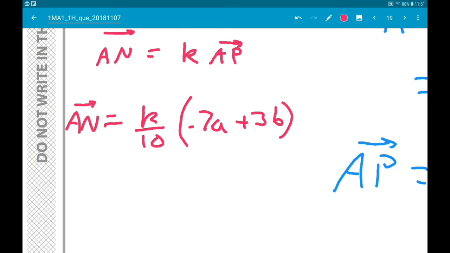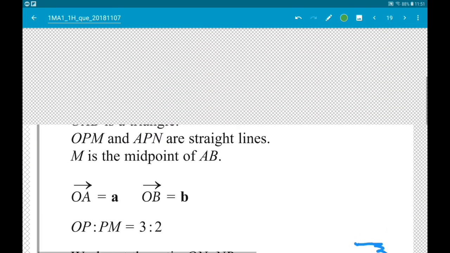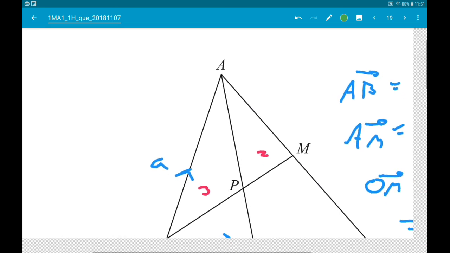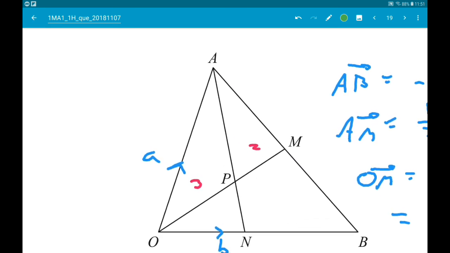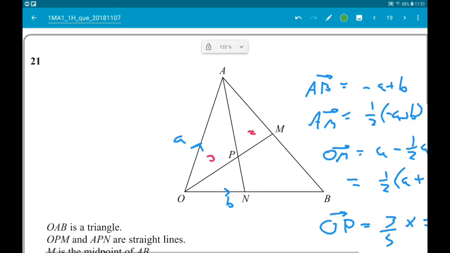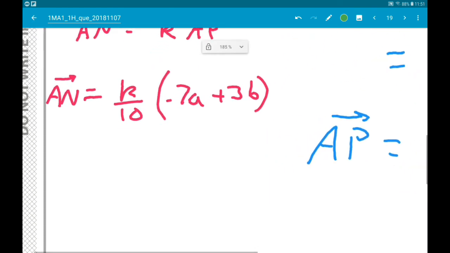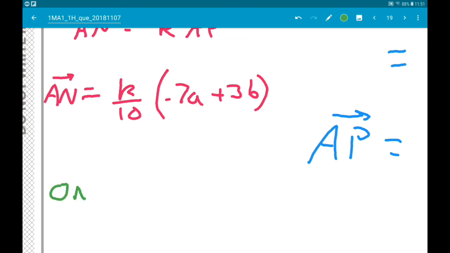Okay then, so from here we can now start thinking about O to N. So we now know how to get from A to N. So to get from O to N, we're going to have to go up to A first, and then down to N. So O to N is going to be little a add k over 10 lots of minus 7A add 3B.